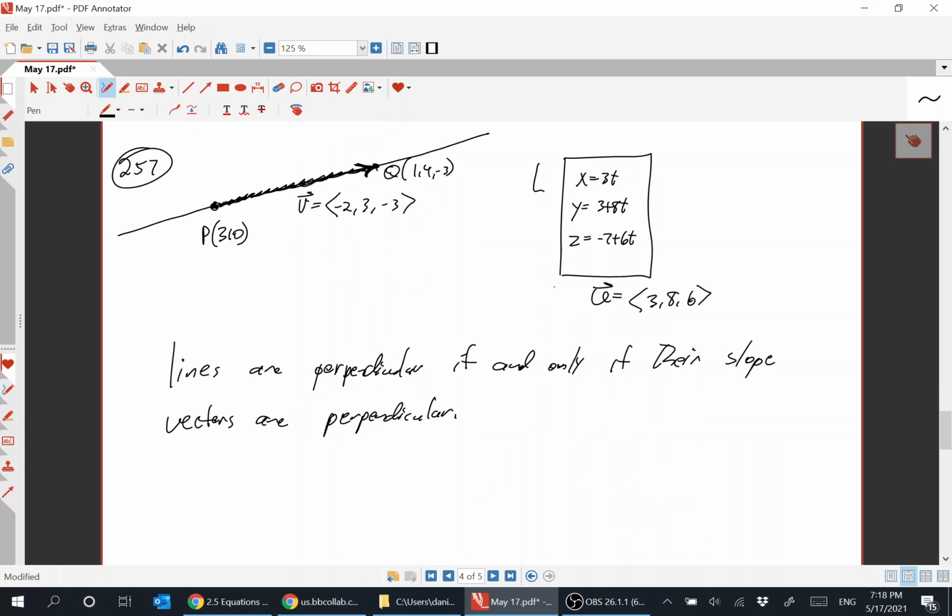All right, so here we have minus 2, 3, minus 3, dot 3, 8, 6 is equal to minus 6 plus 24 minus 18, which is 0. So they are perpendicular.